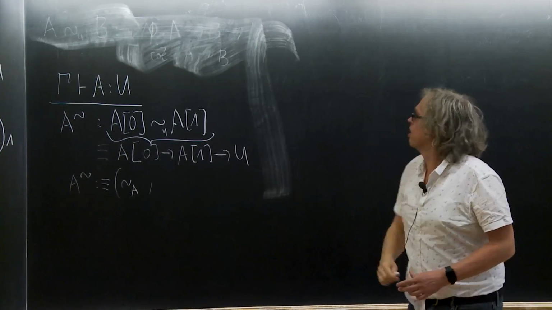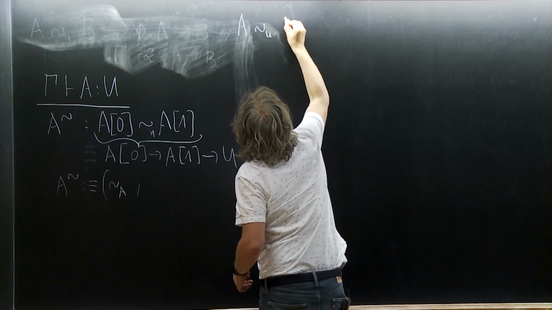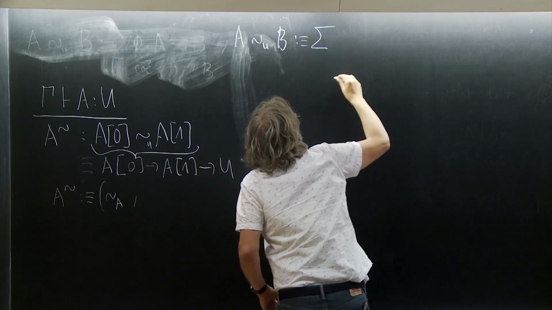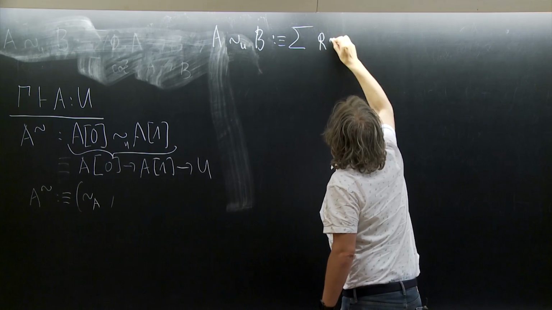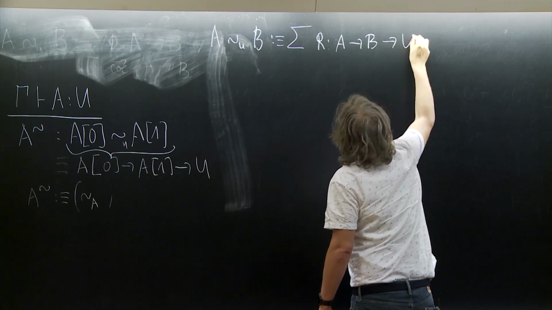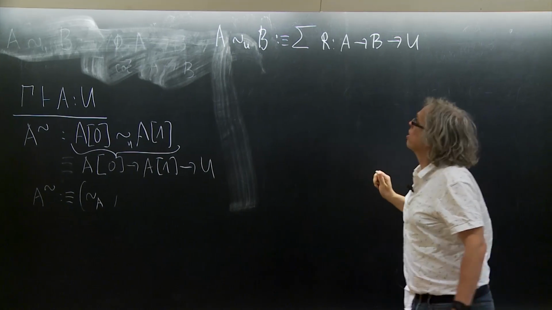Okay, bad planning. So A equivalent to B is now defined as a sigma type, but we keep the first component, which is this relation corresponding to the equivalence relation.